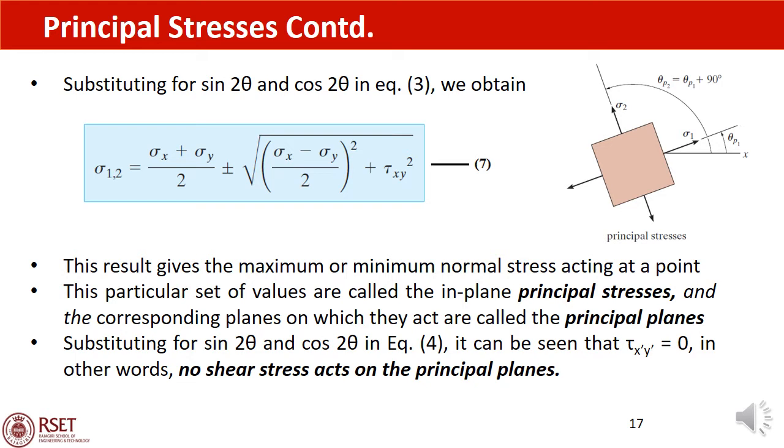Furthermore, if the trigonometric relations for sine 2 theta and cos 2 theta are substituted into the expression for tau x dash y dash, that is in equation 4, it can be seen that tau x dash y dash is equal to 0. In other words, no shear stress acts on the principal planes.